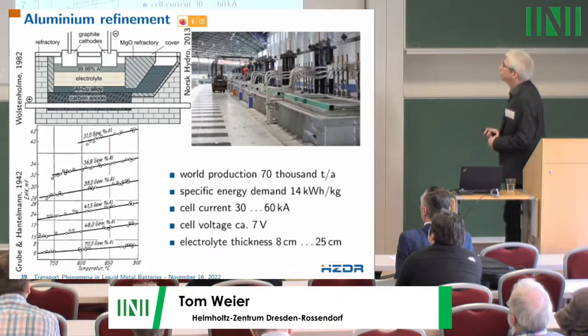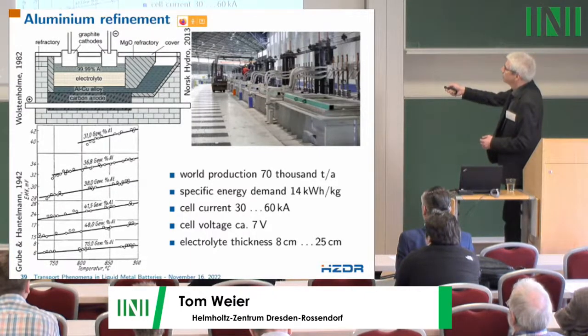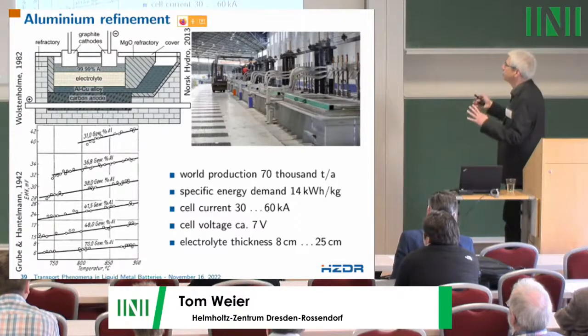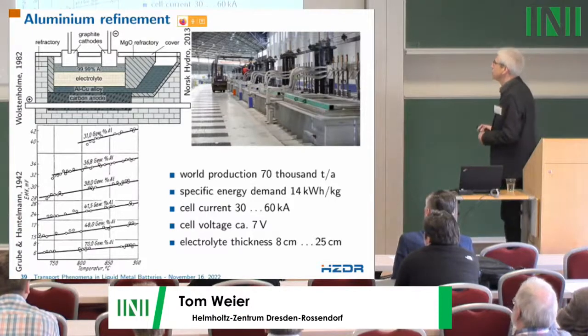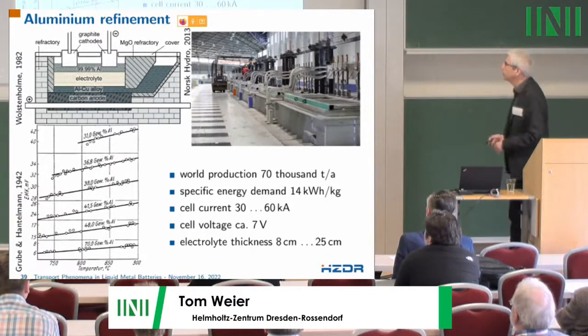You alloy it with copper in order to have this stable density stratification, but only the pure aluminum is allowed to pass through the electrolyte and is then deposited on top as relatively pure aluminum that can be used for many purposes. It's better than what comes out of Hall-Héroult cells.